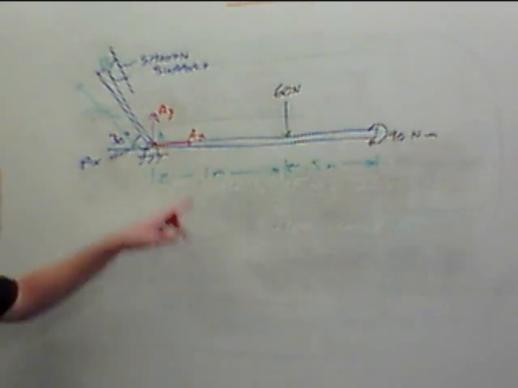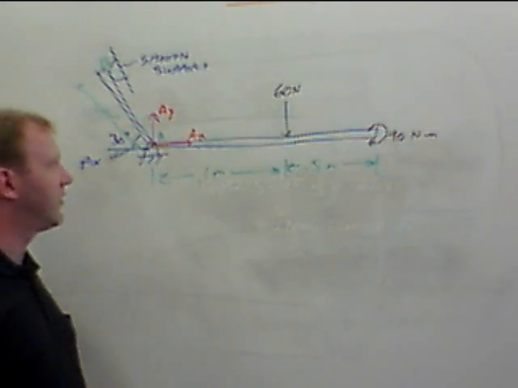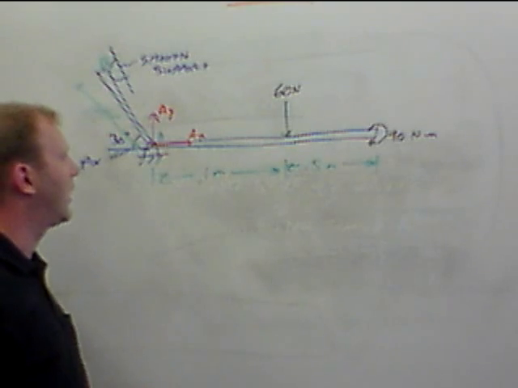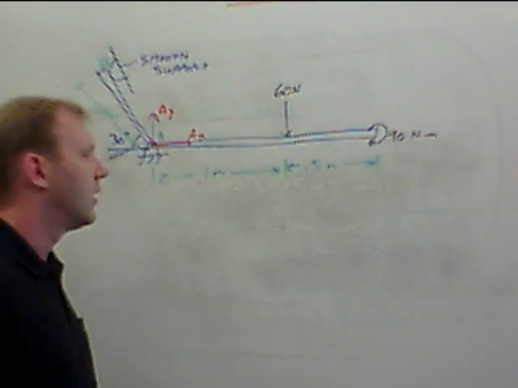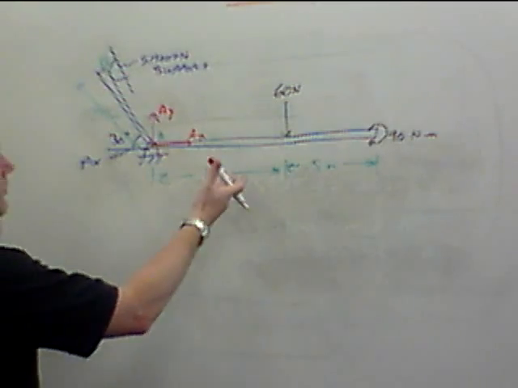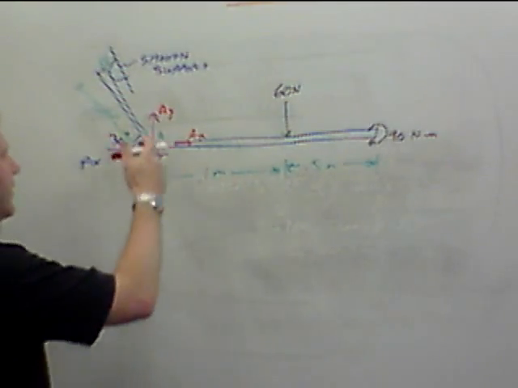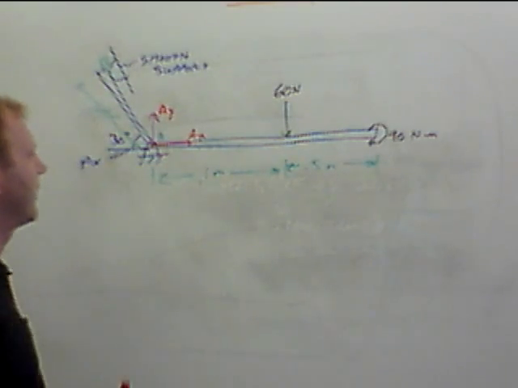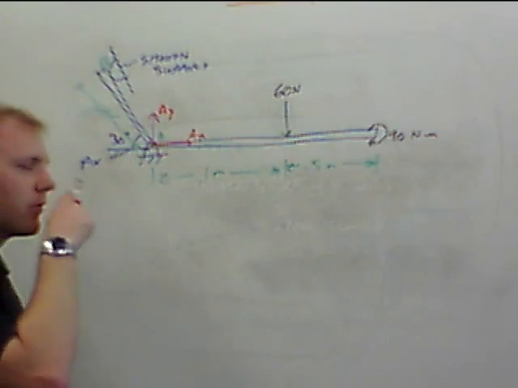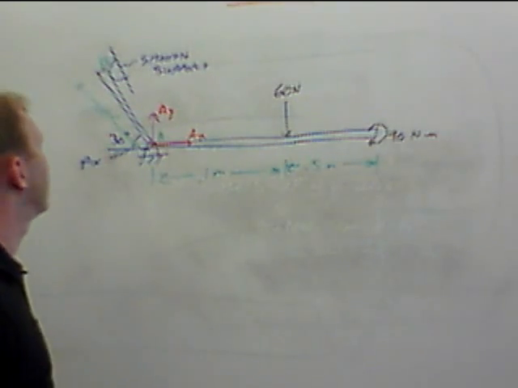I always draw my support forces in the positive directions, positive X, positive Y. I do that because it makes it easier for me later on to know, if it comes out negative in the X, then I know it's left. If it's negative in the Y, I know it's down. That way I don't have to keep track of which way I drew my arrows. I just draw my support forces in the positive direction and worry about it later.